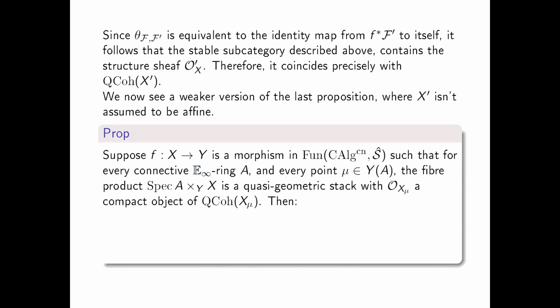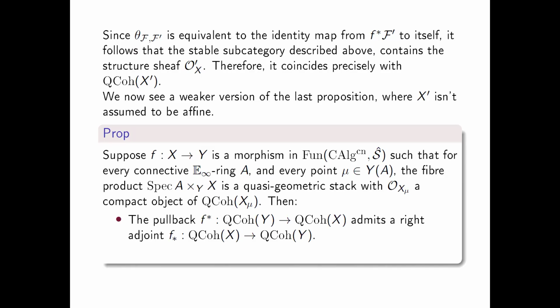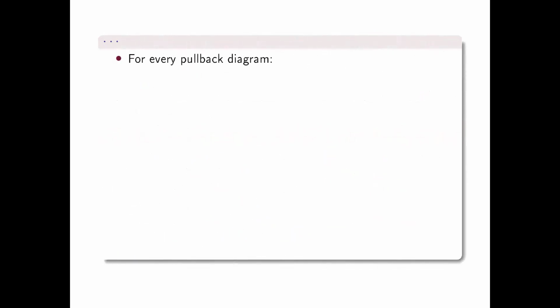Then the pullback from Q bar Y to Q bar X admits a right adjoint, that is F lower star, and this right adjoint commutes with small colimits.